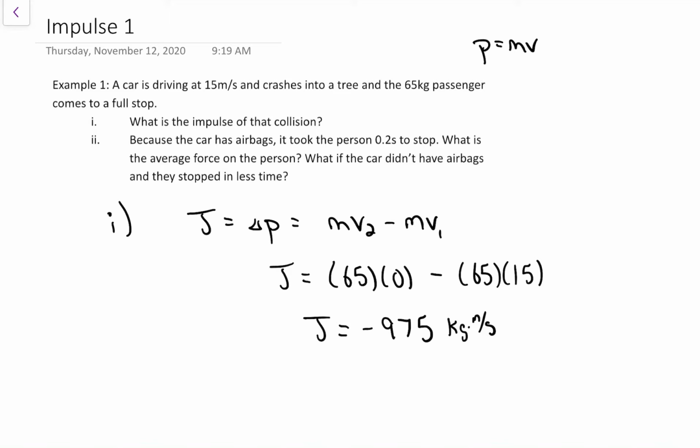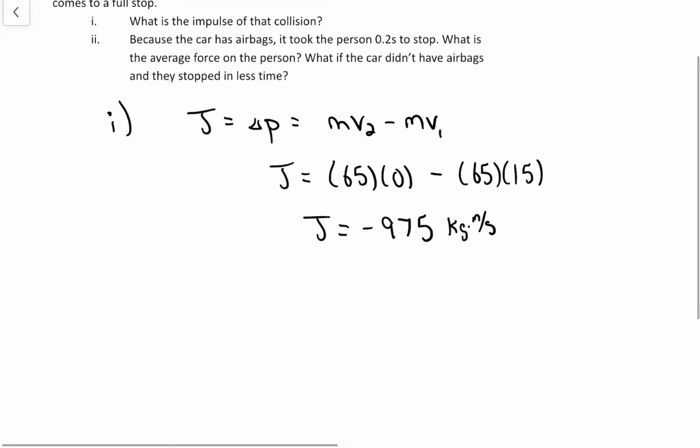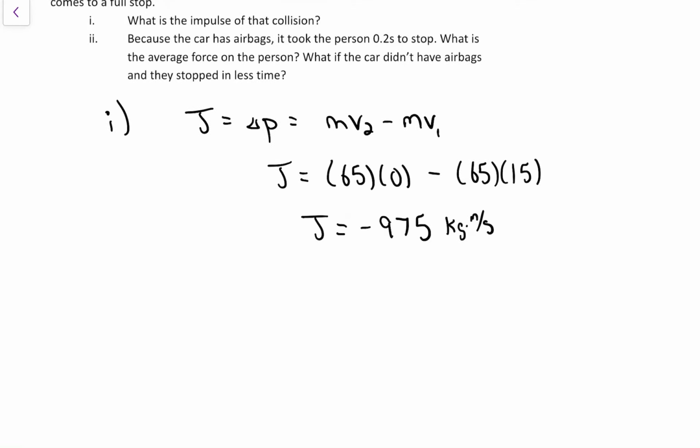As I first go through it, that seems like a big number, but how impulse affects things, what force it generates, as you'll see in the next part, really depends on the time.